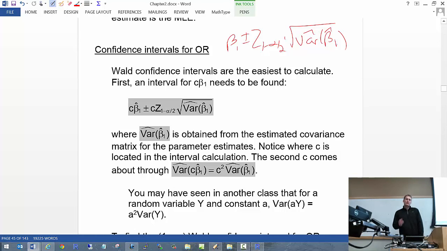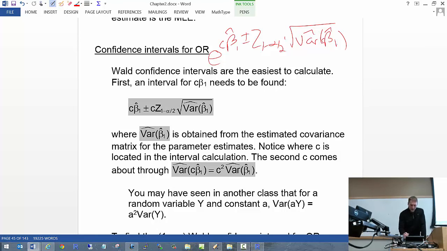But remember, we actually have e raised to the c times beta 1. So how about instead we put a c in there, and then put an e there. We take e raised to the confidence interval power, and that's my confidence interval.